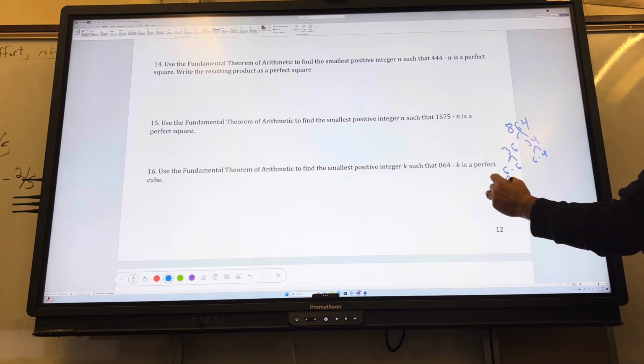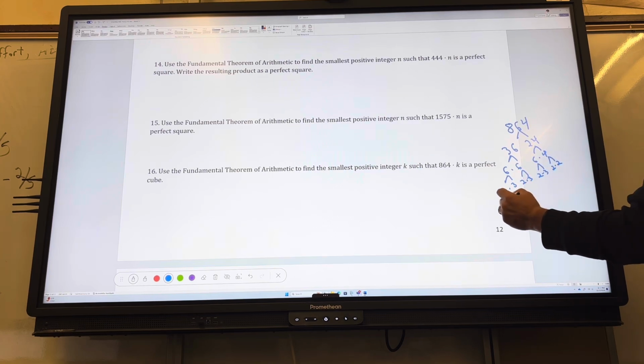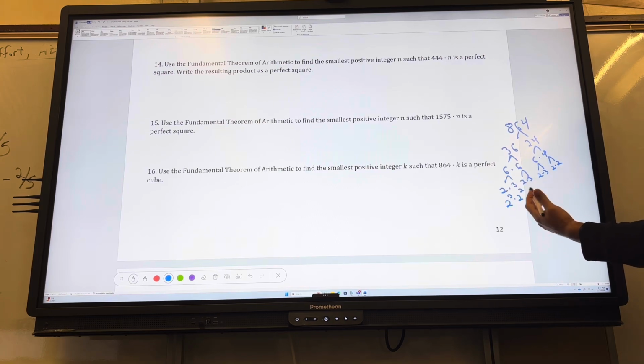And 6 is 2 times 3, and this 6 is 2 times 3, and this 6 is 2 times 3, and this is 2 times 2. So I have 1, 2, 3, 4, 5 2's. So that's 2 to the third, and then 2 squared. I got 5 total. I'm splitting them up so it's easier to see. You can certainly write them all together.